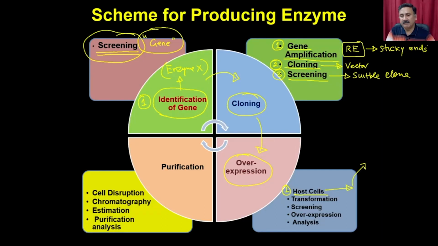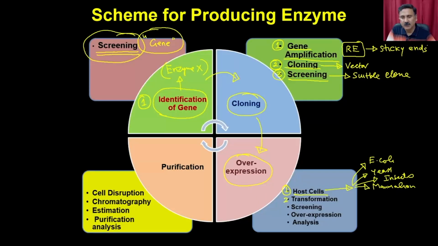It could be very simple, such as bacteria or E. coli. It could be as complicated as mammalian cells. Depending on the host, it can be yeast, it could be insect cell lines and all that. These are the multiple options you have at this stage, and choosing the host cell is very crucial because that is going to decide the final production.